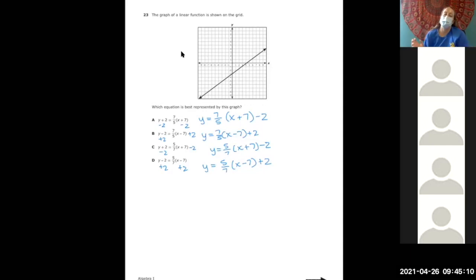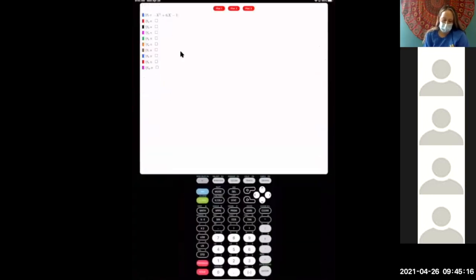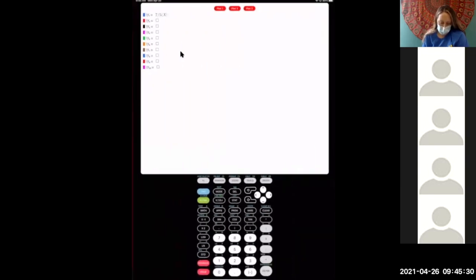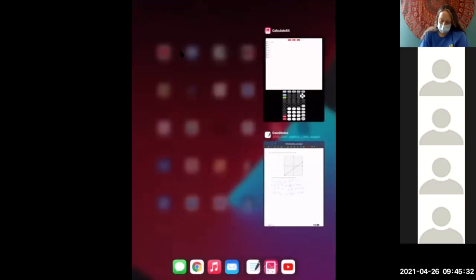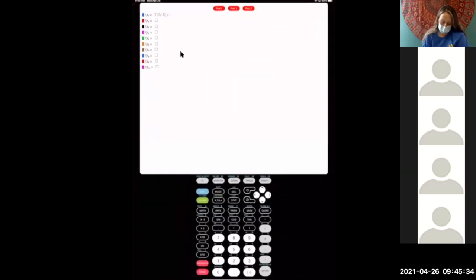Now we're going to plug each of these into y equals and see which one matches this graph. So we go to y equals, top left-hand corner. We clear it out. Now we're going to plug in those equations. So the first one was 7/5 times x plus, what was it? X plus 7 minus 2. Parentheses are above 8 and 9.